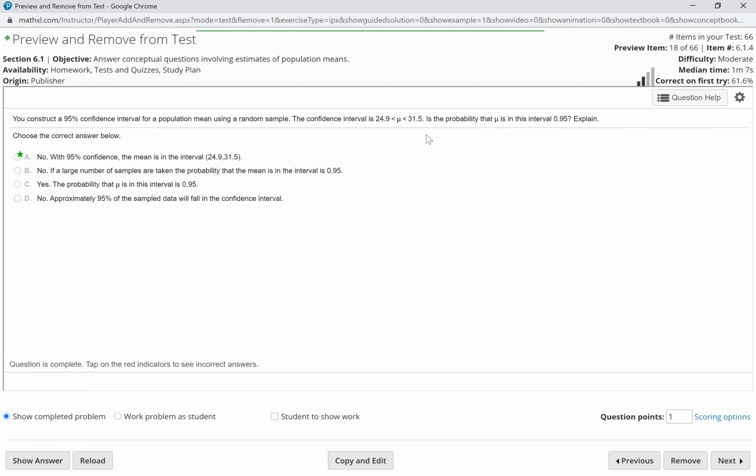No, the meaning of the interval is with 95% confidence, we can say that the true mean is between 24.9 and 31.5. So that's what it means. It doesn't mean that the probability that the mean will be there is 95%. It means that we are 95% confident that the true mean is between 24.9 and 31.5. That's what it says here.